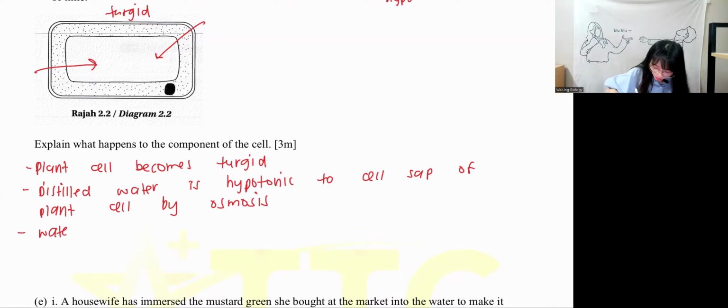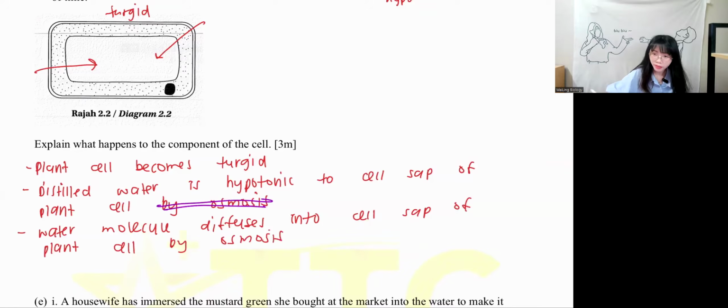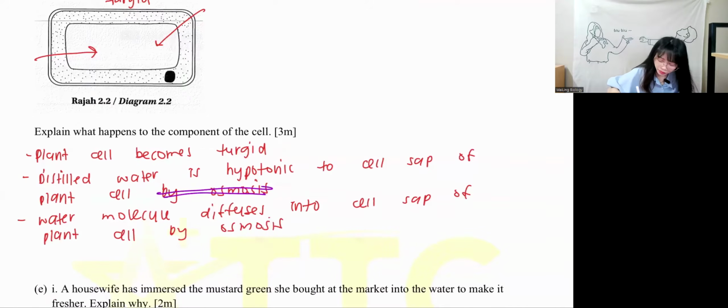Next sentence: water molecules diffuse into cell sap. Sorry, I wrote wrongly just now. Of distilled water into the cell sap of the plant cell by osmosis. Next, the vacuole expands.